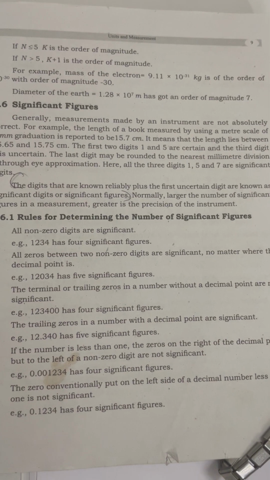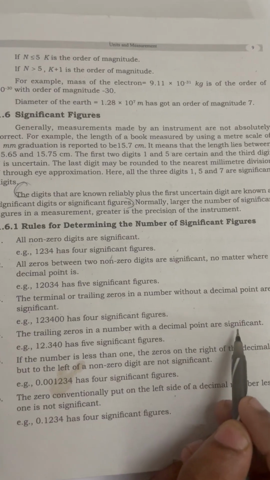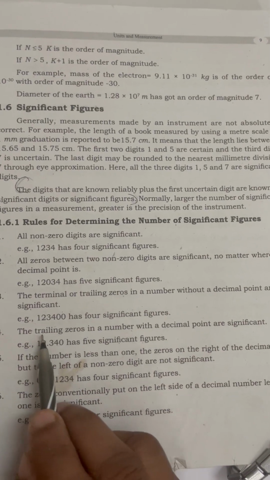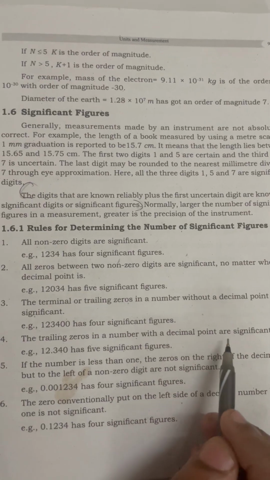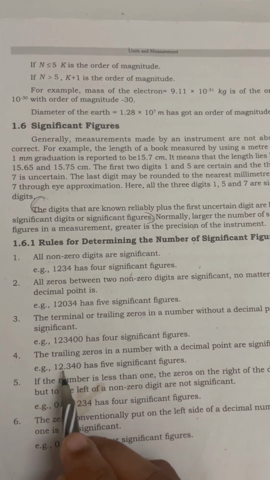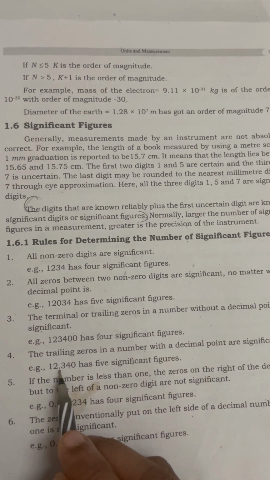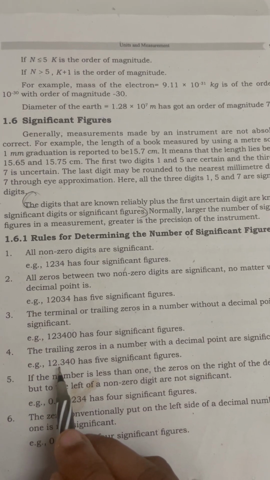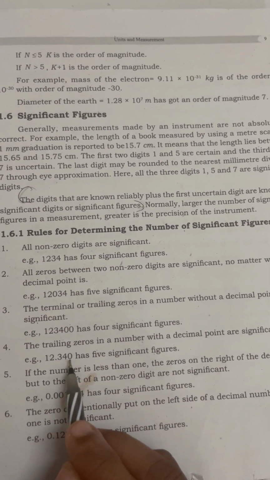Rule 4: the trailing zeros in a number with a decimal point are significant. The trailing zeros, meaning the last zeros in a number with a decimal point, are significant. In this case, when a decimal point is present, we count the last zeros as significant.